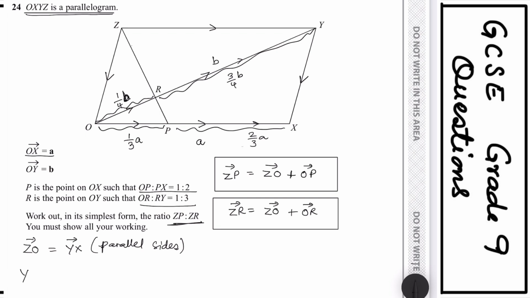So if you find YX, that is also equal to ZO. So let's find YX first. YX is YO plus OX, and YO is in the opposite direction of OY, so that is minus B, and OX is A, so YX is A minus B. And ZO is the same as YX, which is A minus B. Now find ZP using ZO and OP quantities.